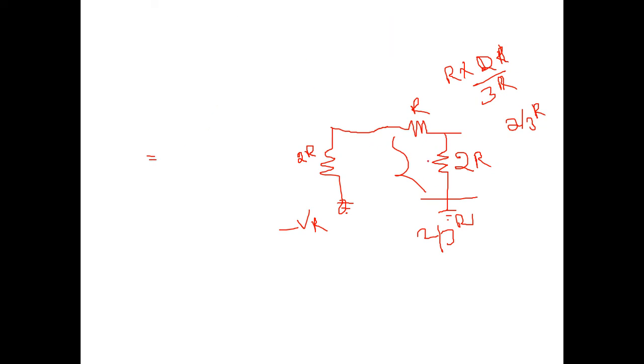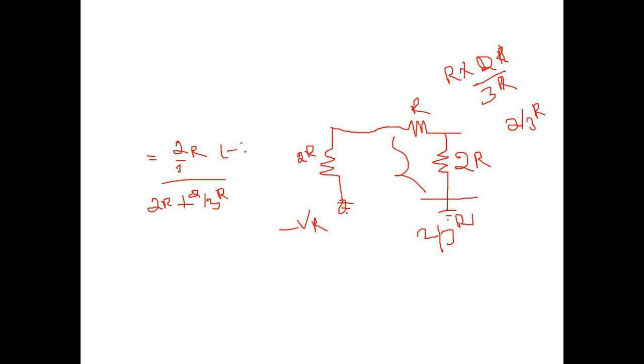So we need to find the voltage across these resistors: 2 by 3R divided by the total resistance 2R plus 2 by 3R, into the input voltage.